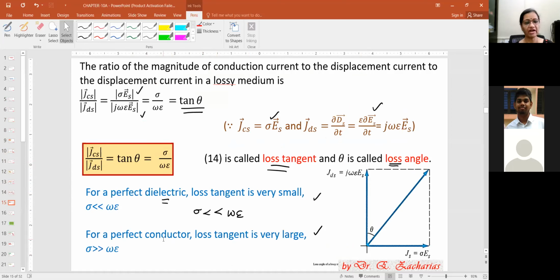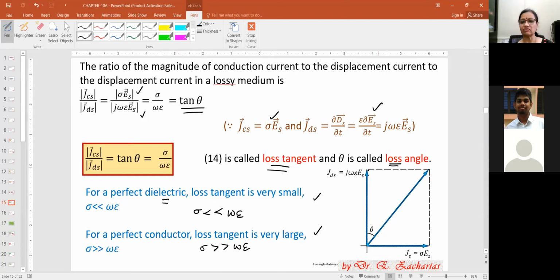Whereas if it is a perfect conductor, it will be the opposite. Sigma is going to be much greater than omega epsilon, and in that case, tan theta will be large. Whereas for a perfect dielectric, tan theta will be small.